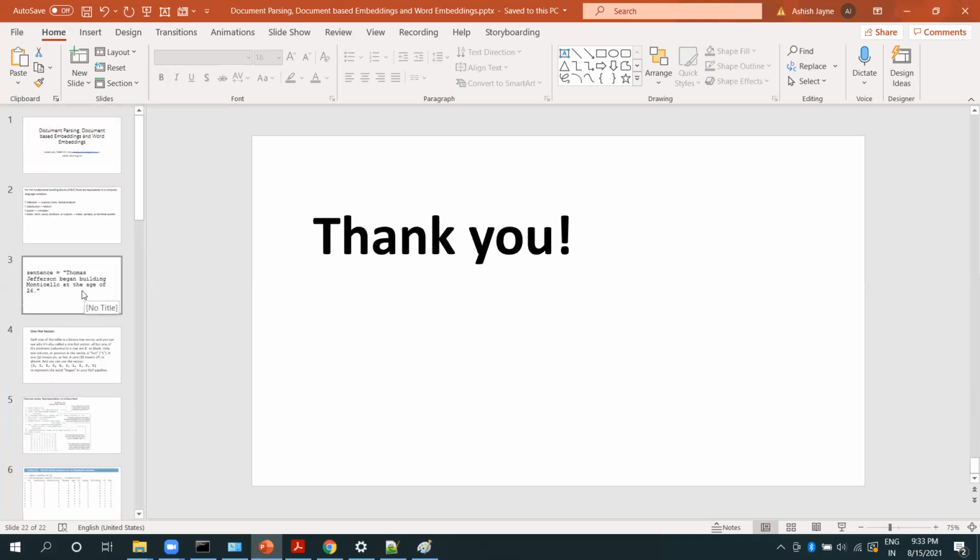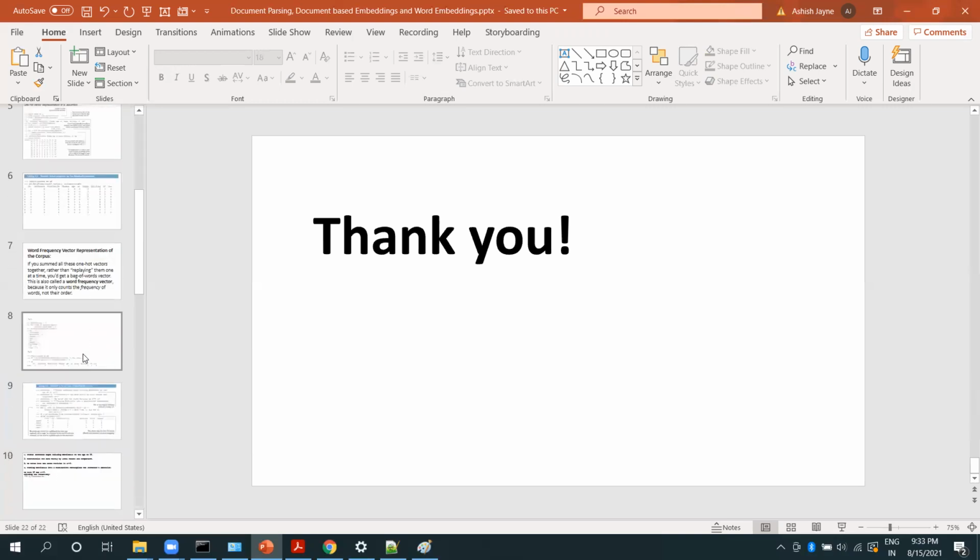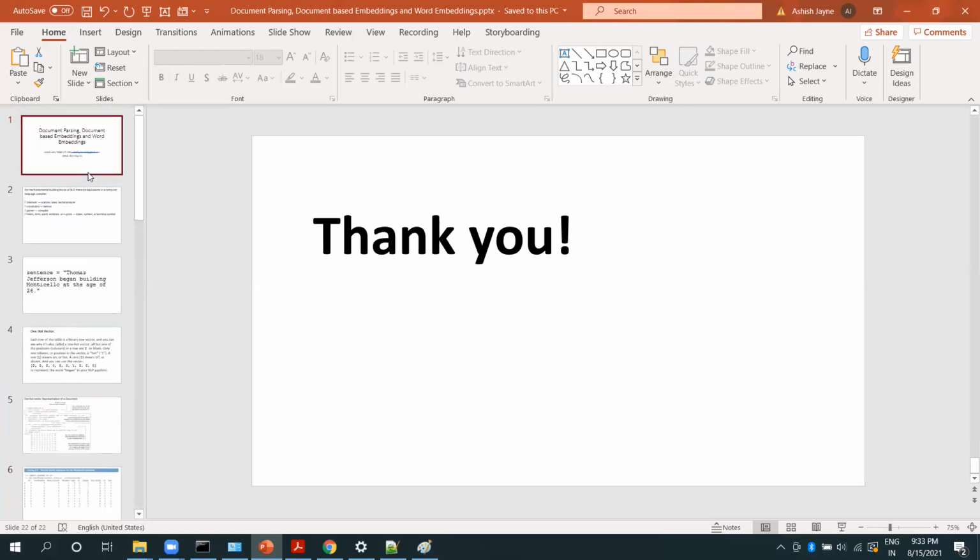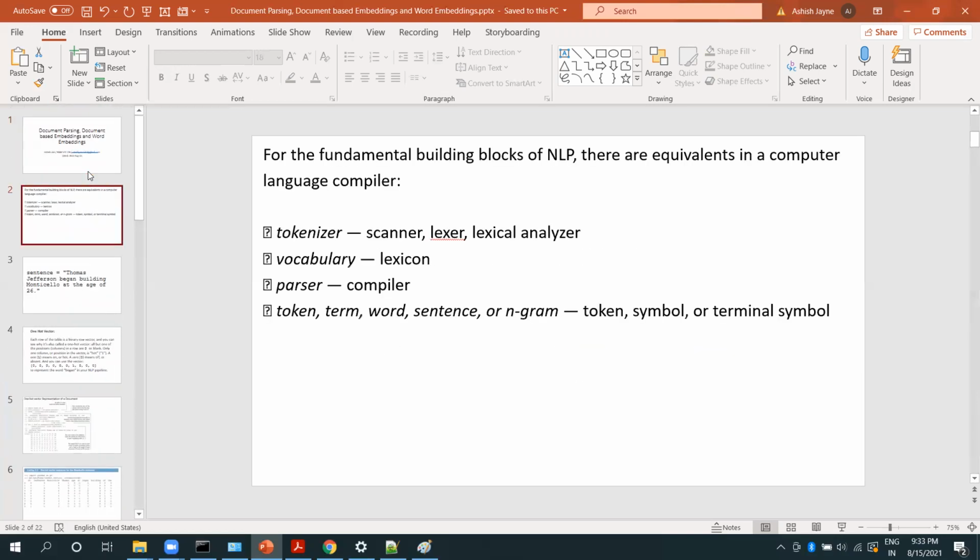Kanika? No question as such, but there was a term in one of the slides, ngram. Yeah. Okay, ngrams.